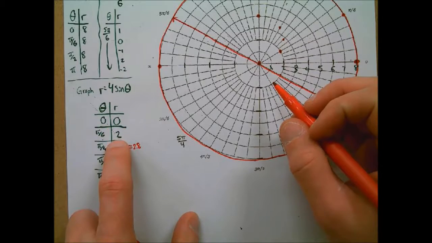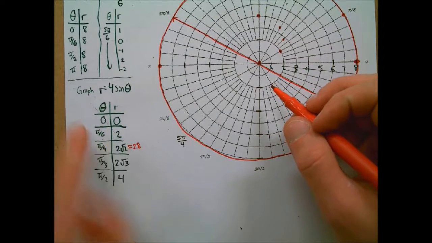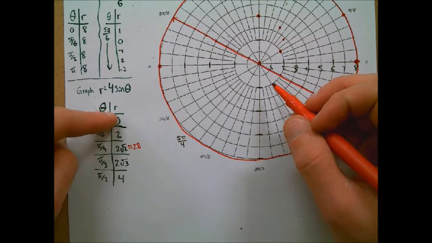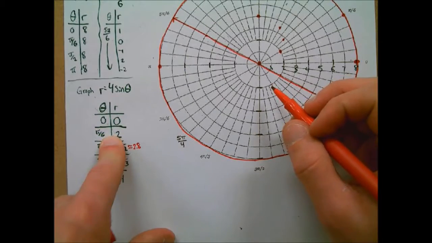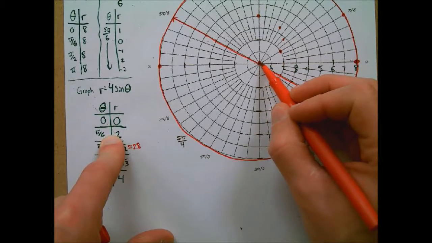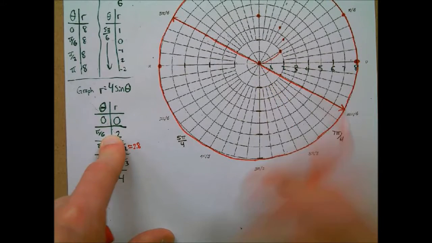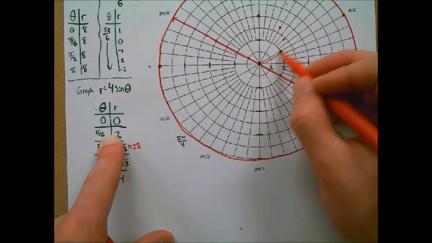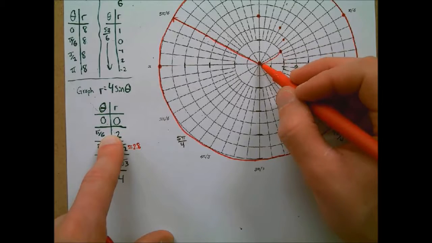And so most likely, as we rotate from 0 to pi over 6, we hit all of the r values between 0 and 2. So it's going to look something like that. We're going to hit all the r values extending from 0 out to the 2 there. So we don't just draw a straight line. It's going to gradually extend out to that 2 there.